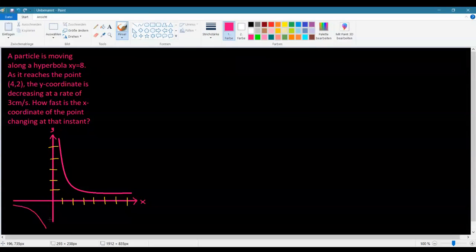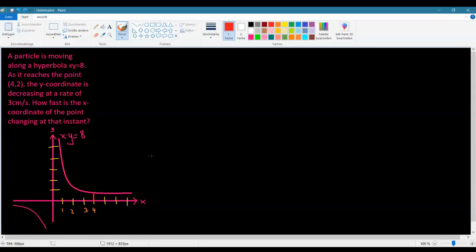Now, ideally, these would look more similar, but we know that the equation for this hyperbola is x times y equals 8. What else do we know? We know that at the point (4, 2), which is the instant that we are at, 1, 2, 3, 4, then 2, that'll be right here.